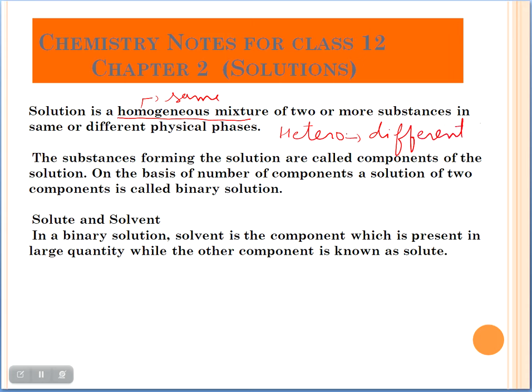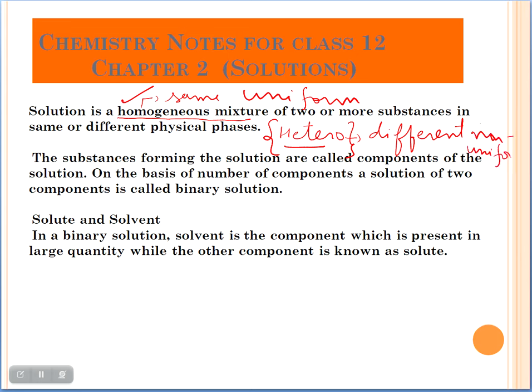For example, if we take salt in water, the salt will dissolve fully in water and we cannot differentiate it, so it is a homogeneous mixture. On the other side, if we take oil in water, we can easily differentiate oil in water, so this is a heterogeneous mixture. Homo means uniform composition, and here non-uniform composition is there.